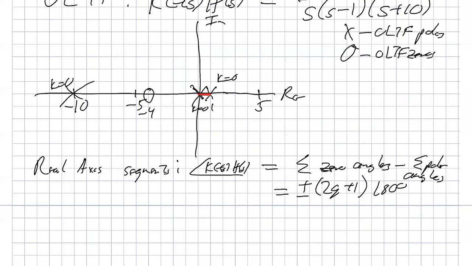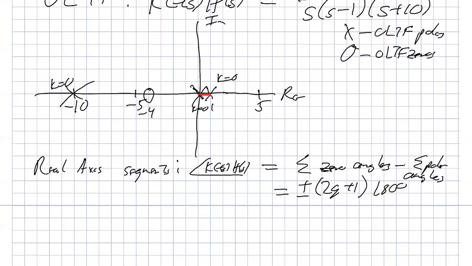Okay, so how about between here and here? Well, the angles from the poles are still 360, but now the angle from this zero to this location is 180. So you've got plus 180 minus 360, so we end up with minus 180.